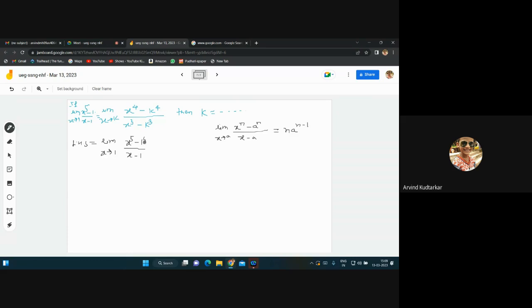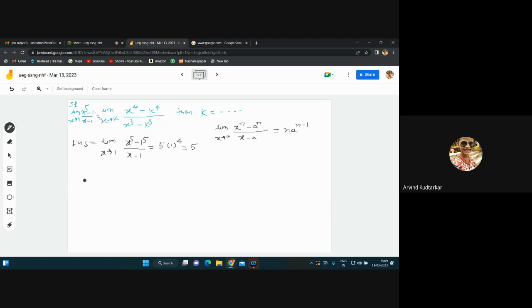Here we apply the standard result, x raised to n minus a raised to n by x minus a, with the same denominator, where a is 1. Put n equals 5, so the power is 5. So 5 into a raised to n minus 1, means 5 minus 1, 4. 1 raised to 4 is 1. So we get 5 only. So 5 is the value of LHS.